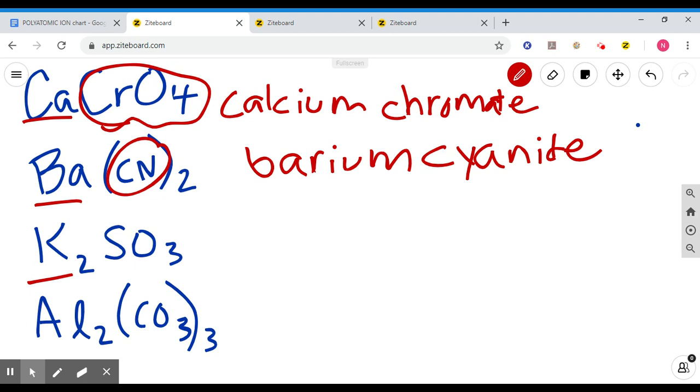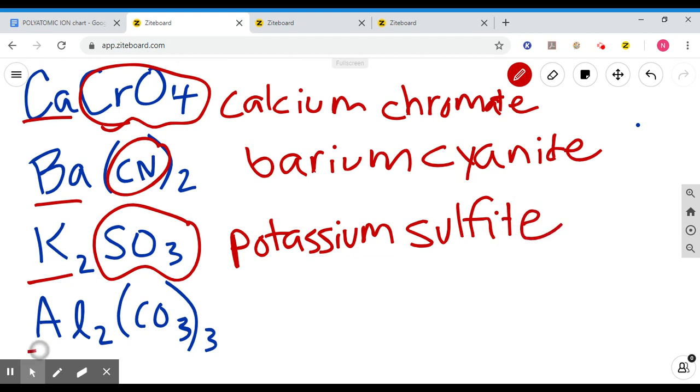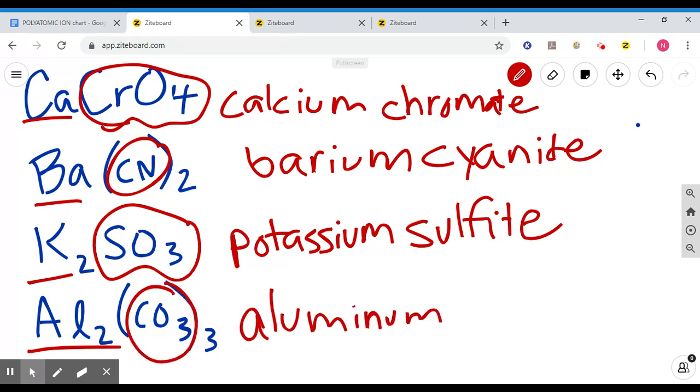It got crisscrossed down from the sulfate. This is potassium. Oh, sorry, it's not sulfate. Maybe some of you caught that. It is sulfite. Al2 is aluminum. CO3 is what's left over. That is carbonate. Okay.